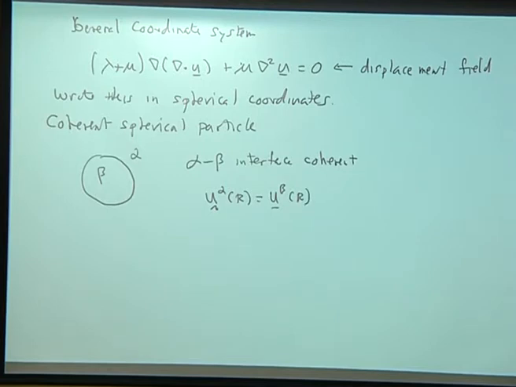So what does that mean? Let's say we're using the alpha phase as the reference state. We take the beta phase particle, we compress it, we put it into the matrix, and then the beta phase particle relaxes.